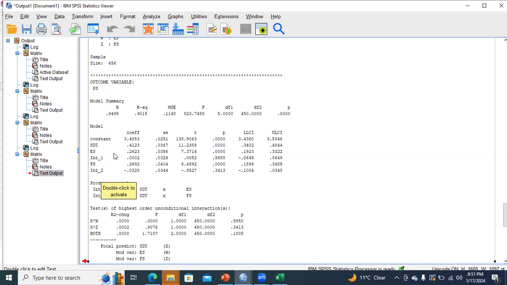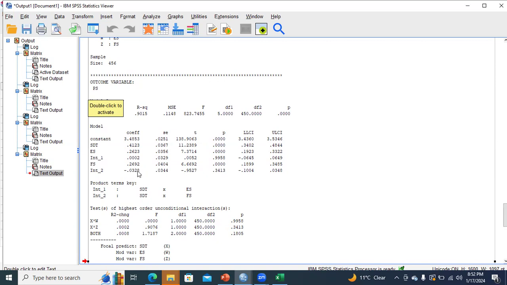It means the moderation of SDT and ES is not significant. The second interaction term is decreasing the impact of SDT on PS, but it is not significant.